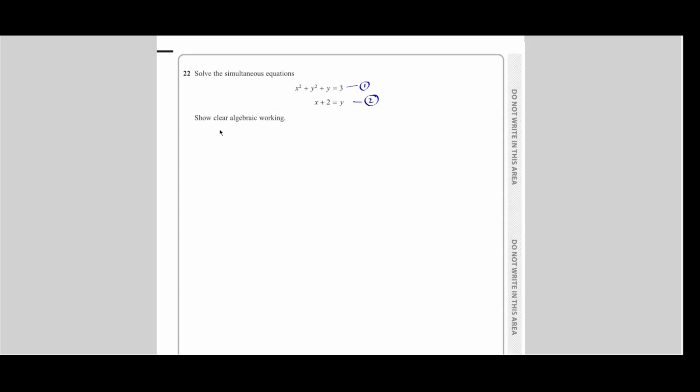So we have, let's write it. Equation 2, substitute into equation 1. So wherever I'm getting y in the first equation, I'm not writing y. I'm going to replace y with x plus 2.